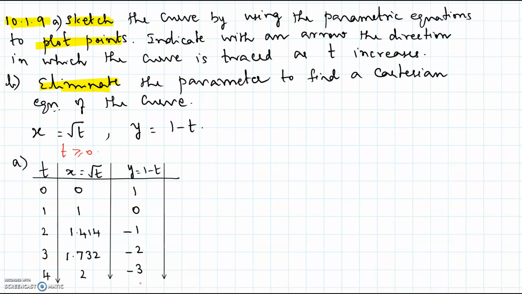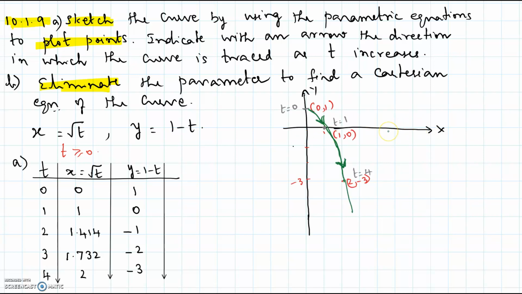Now we are going to plot these points in the Cartesian graph. We'll plot these points in the x and y coordinate system. So t equal to 0 corresponds to the point (0, 1), and then t equal to 1 corresponds to (1, 0). Then we can plot the rest of the points, and when t equal to 4, it reaches (2, -3).